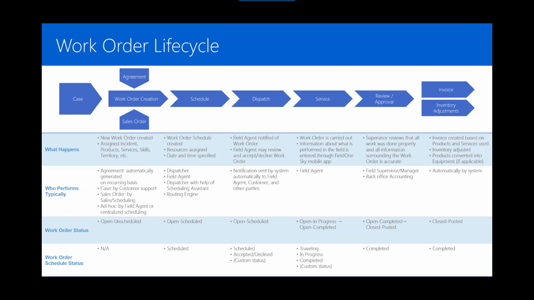So we could have an alert on the case if our margin isn't high enough, and we could then review the work orders or work order schedules those resources went out to do, to confirm they've recorded all the details of the job correctly. And then the final stage is doing our invoicing.